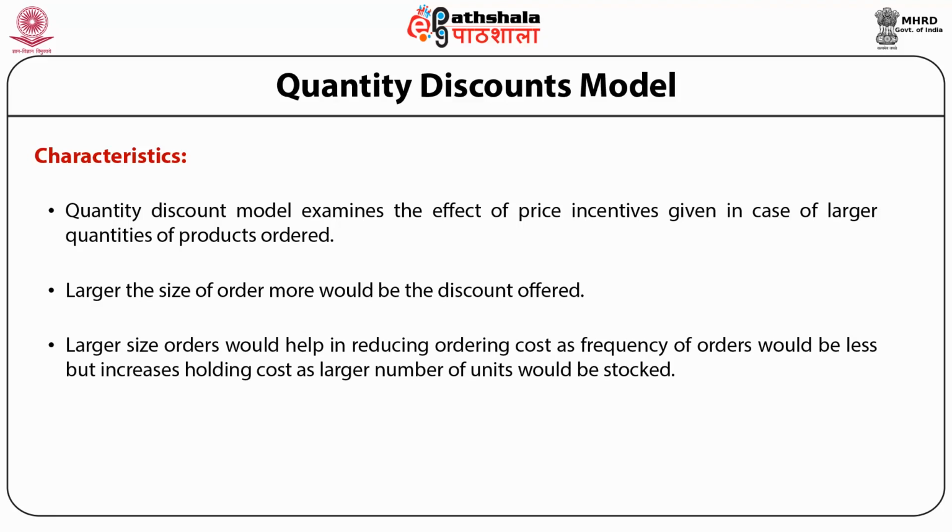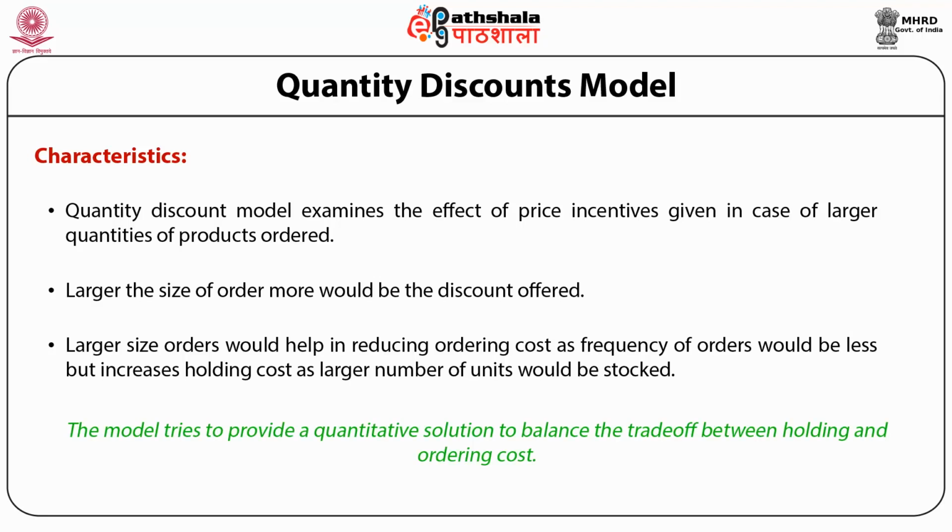Larger size orders would help in reducing ordering cost as frequency of orders would be less but increases holding cost as larger number of units would be stocked. The model tries to provide a quantitative solution to balance the trade-off between holding and ordering cost.